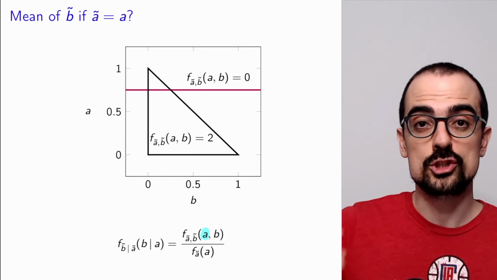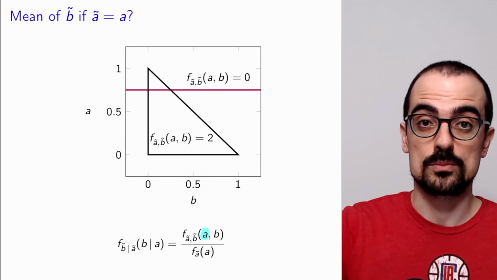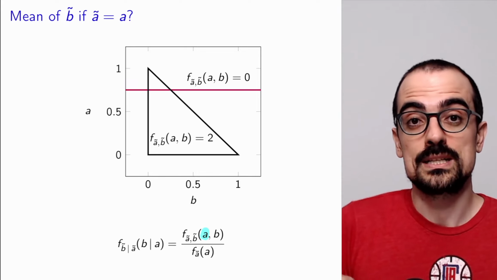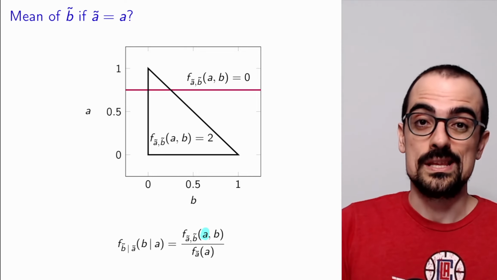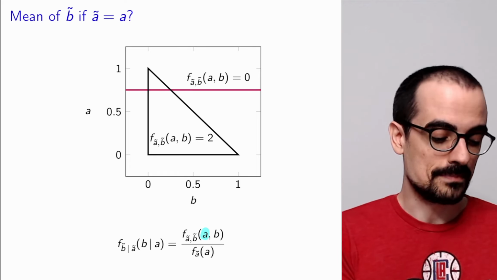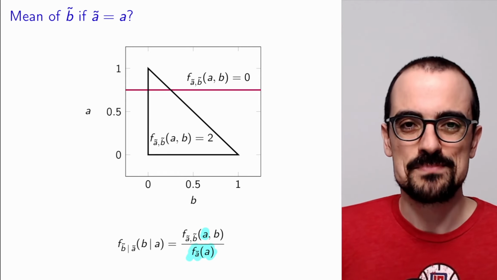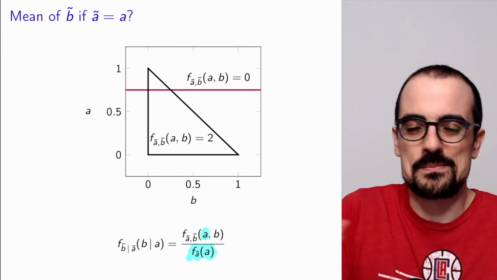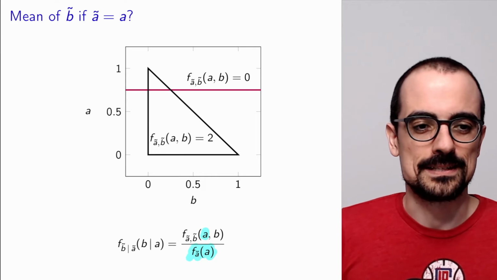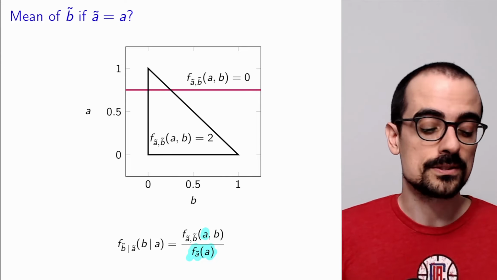Now we have to make sure that that slice gives us valid conditional probability densities, so it has to integrate to 1. So we divide by the integral of the joint PDF along that line, which happens to be the marginal PDF of A. Again, if you don't remember this, go to the video on conditional distributions of continuous random variables.